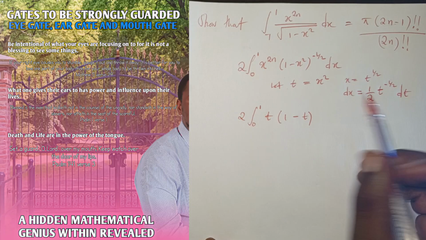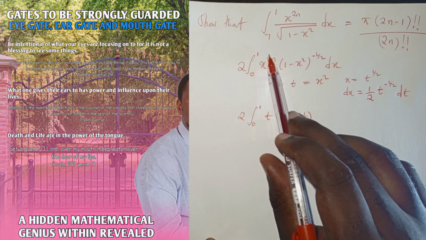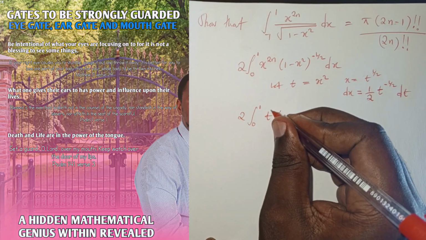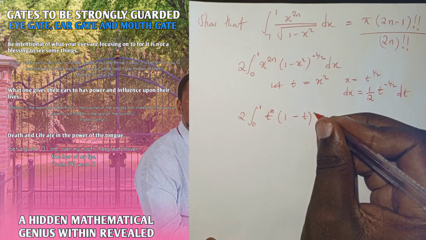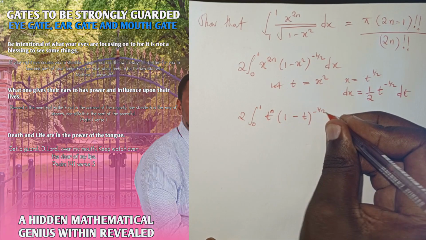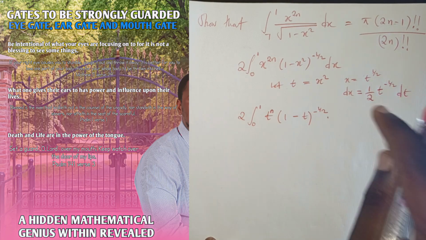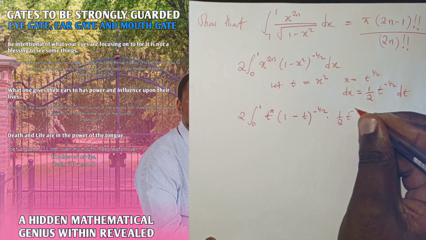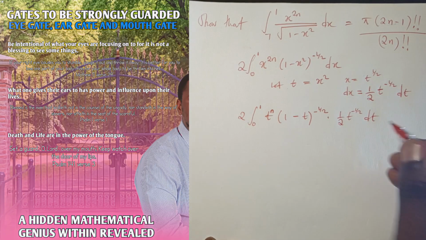Half multiplied by 2, you get 1, but there is that n there, so it's t to the power n. Okay, then here the power we have minus 1 over 2. Then where there is dx we have 1 over 2, then t to the power minus 1 over 2 dt.